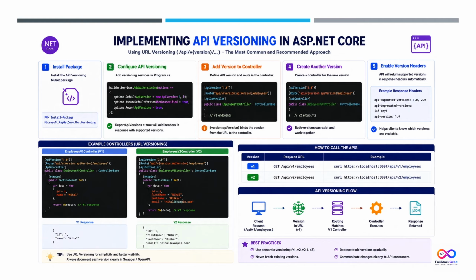URL versioning is the most popular and recommended approach. Multiple versions can run simultaneously. Version headers help clients identify supported and deprecated versions. API versioning makes applications easier to maintain, upgrade, and evolve over time.